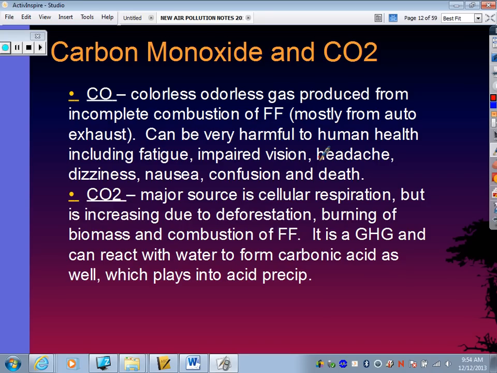If you have a carbon monoxide leak in your house, again, you're not going to smell it, you're not going to see it. It can make you feel dizzy and nauseous, and you can eventually die from it, especially if you're asleep when this starts to happen. I remember there was a story in the news last year about a woman who lived in a townhouse, and townhouses are all joined together.